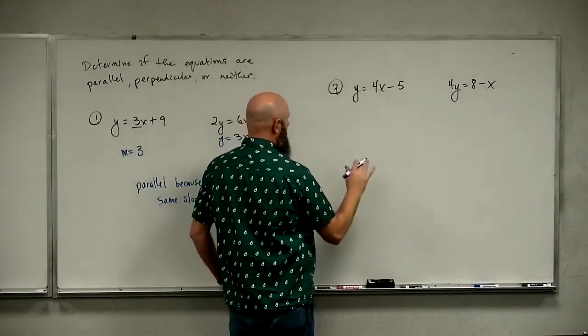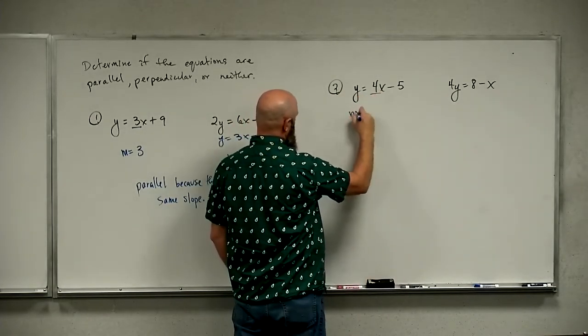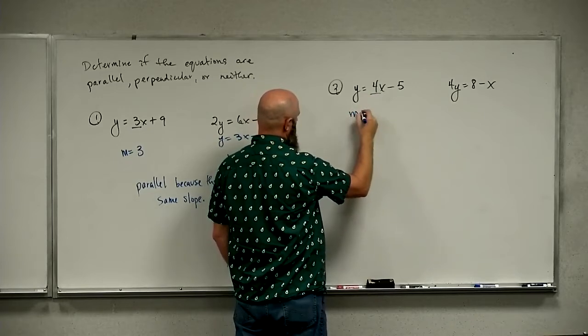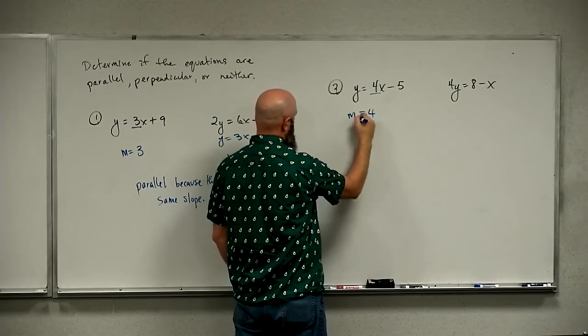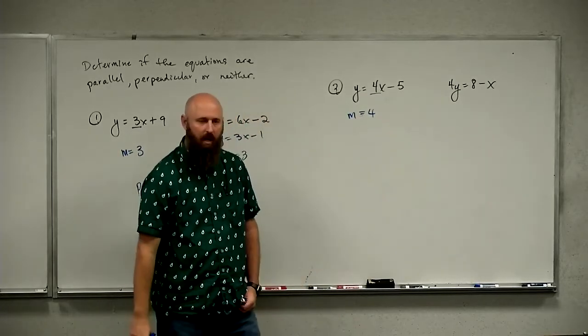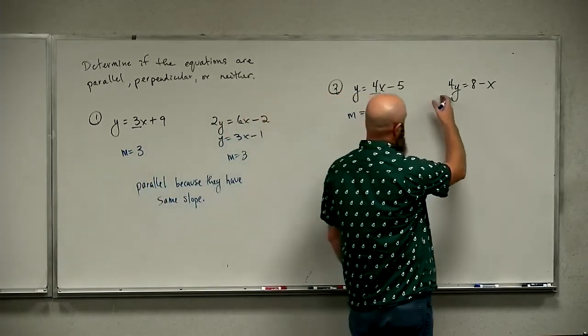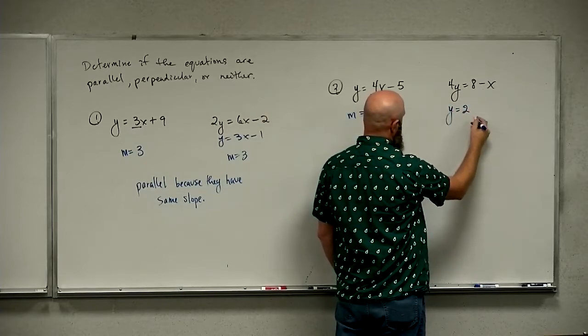All right, now again, we need to look at the slopes. We always do that. So here we can see that my slope is 4. So m equals 4. But our other one, we need to get y by itself again. So in this case, we just need to divide everything by 4. So y equals 8 divided by 4 is 2.